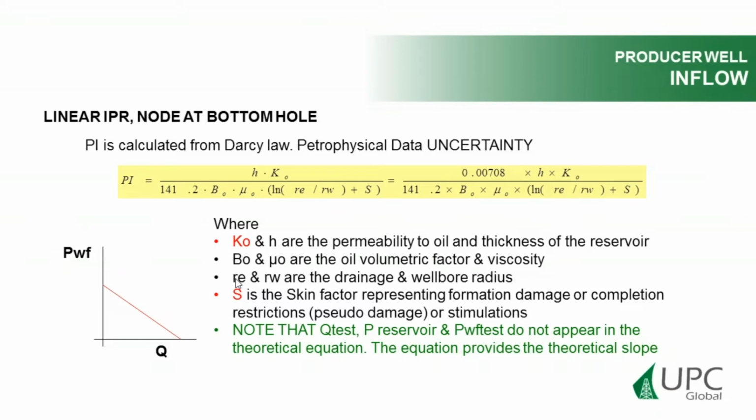Meanwhile, the drainage radius and the well radius are inside a logarithm, so the error is going to be small. Even if you have a big uncertainty in the radius, the logarithm is going to help.